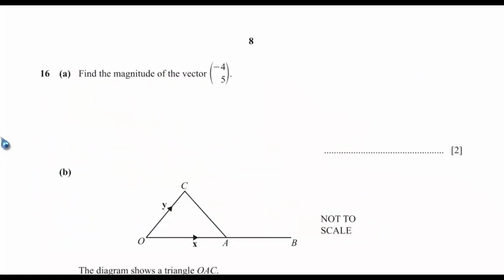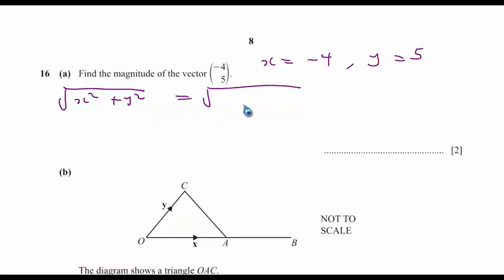The next one will be question 16. Find the magnitude of the vector (-4, 5). So this implies that x equals -4 and y equals +5. The formula for the magnitude is the square root of x squared add y squared.